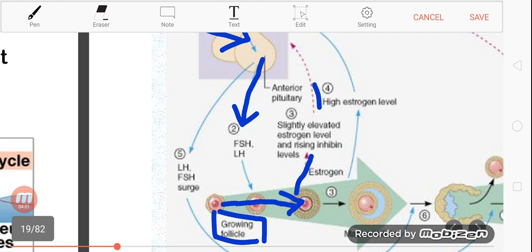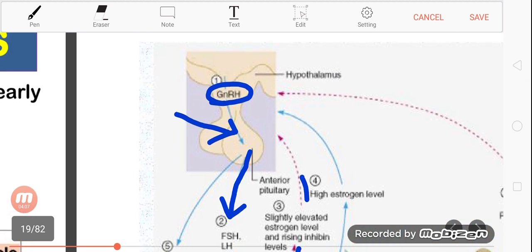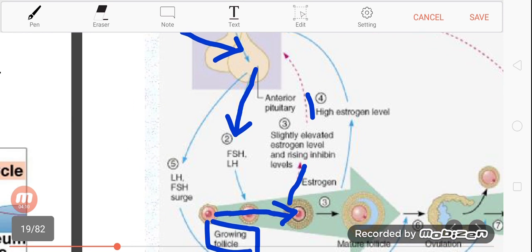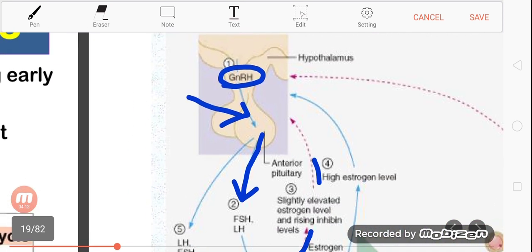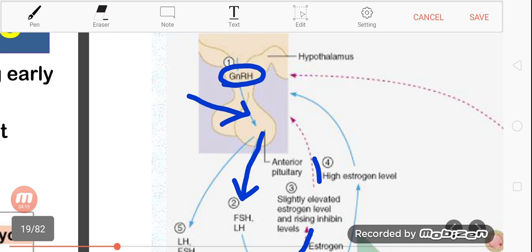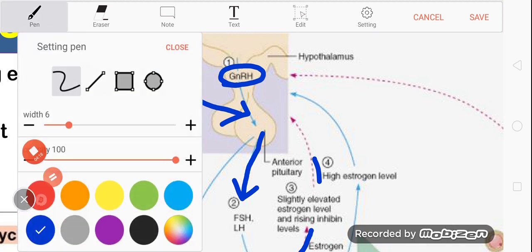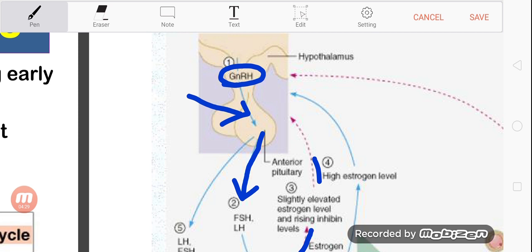This higher secretion of estrogen will cause negative feedback on the anterior pituitary and hypothalamus, slowing down the secretion of GnRH by the hypothalamus, and then the anterior pituitary also slows down the secretion of FSH and LH. That is negative feedback.